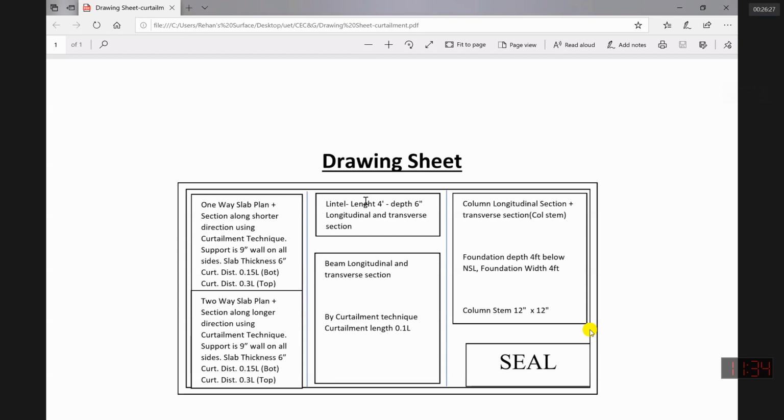Now, the main difference between slabs and beams is that first of all, in slabs, the width of the member is enormous, but in case of beams, the width is limited.